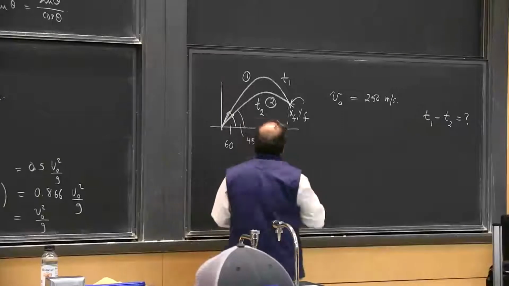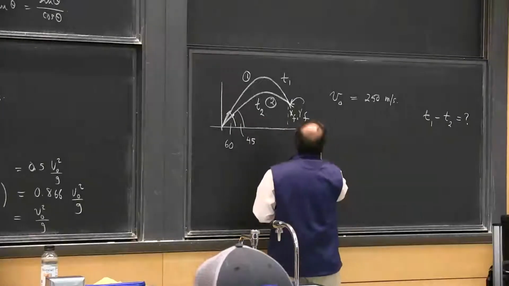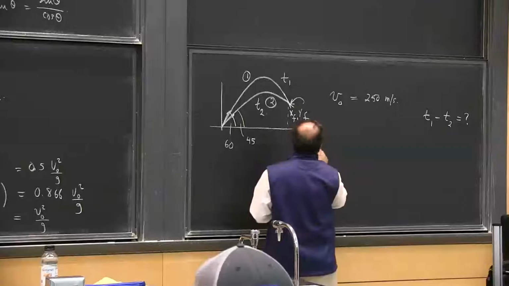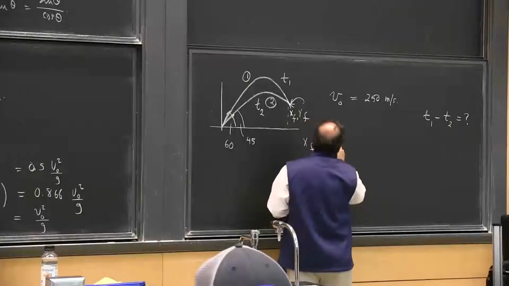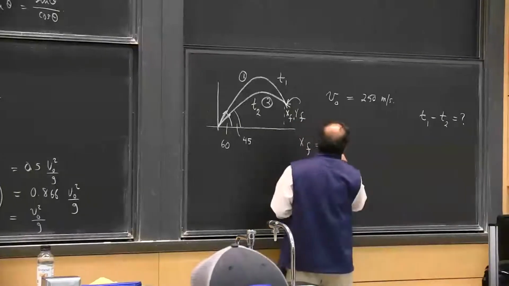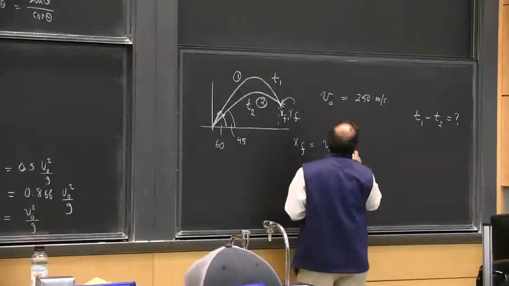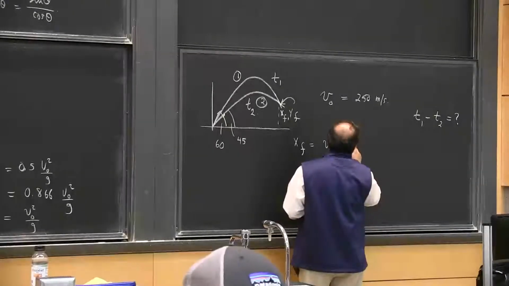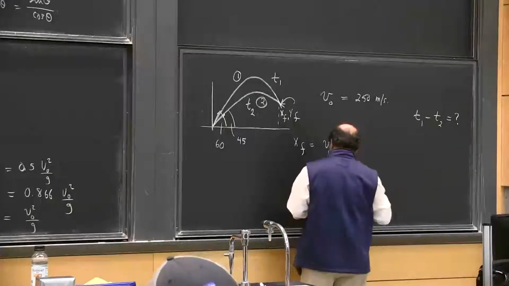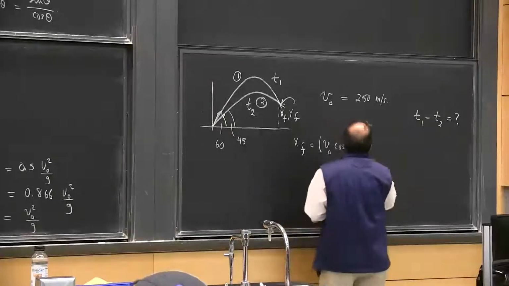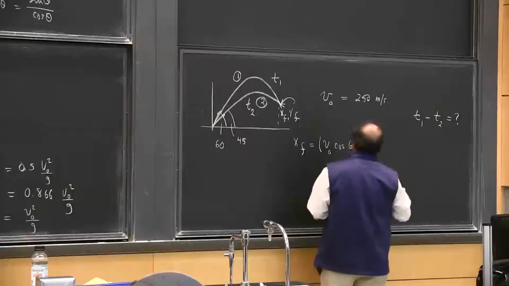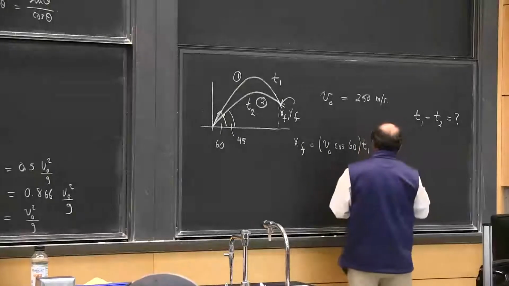Since the x motion is not accelerated, I should be able to write x final equal to horizontal motion, which would be v0 cosine, in one case let's say 60 degrees, times t1, which is the time taken by the first slide, the higher angle.